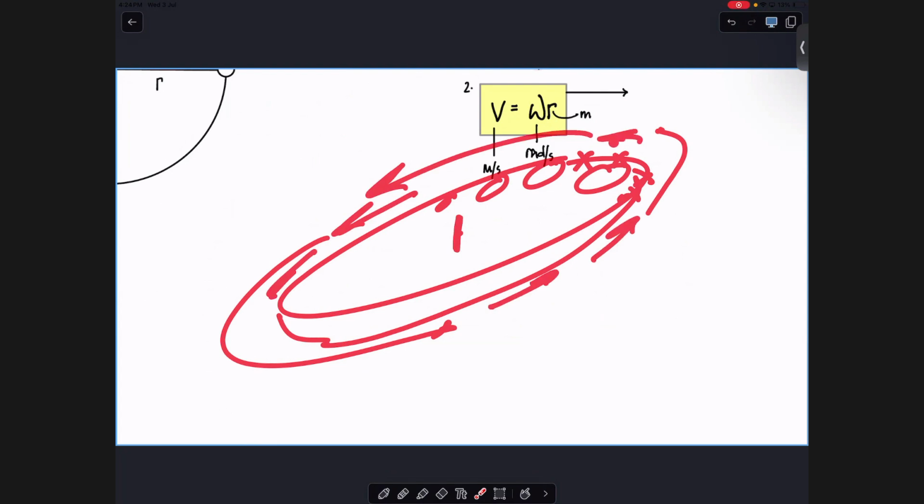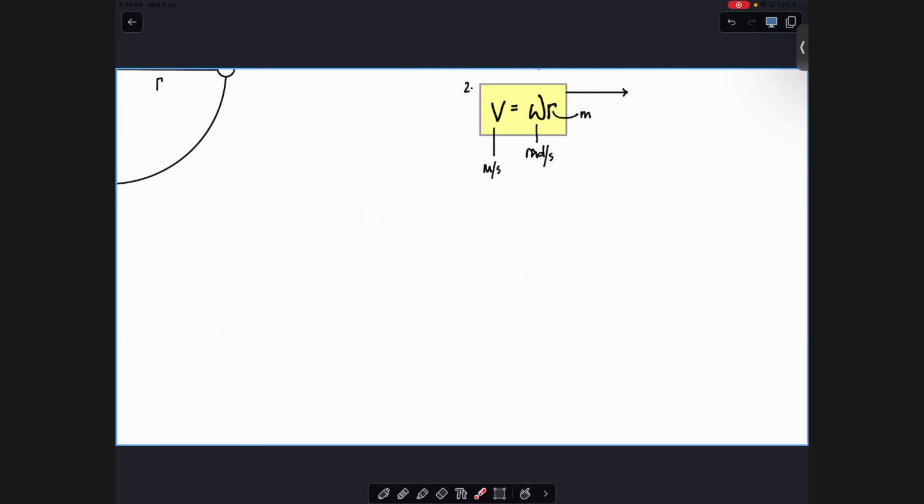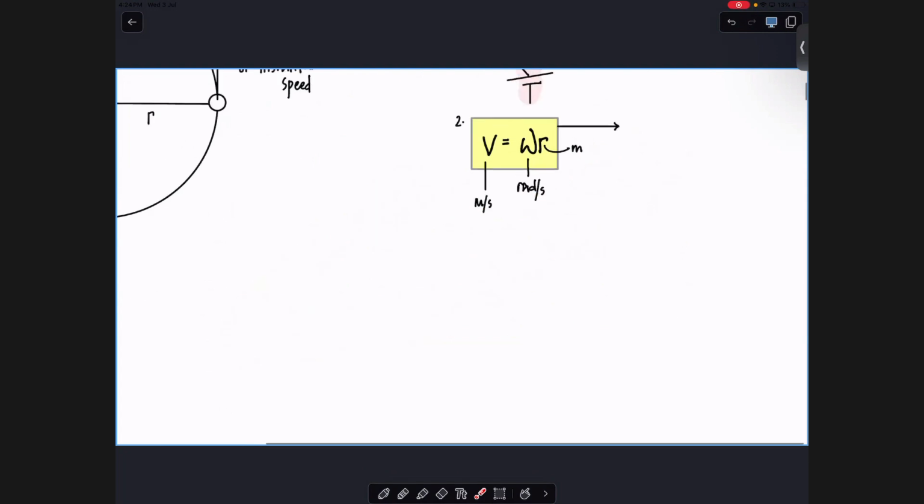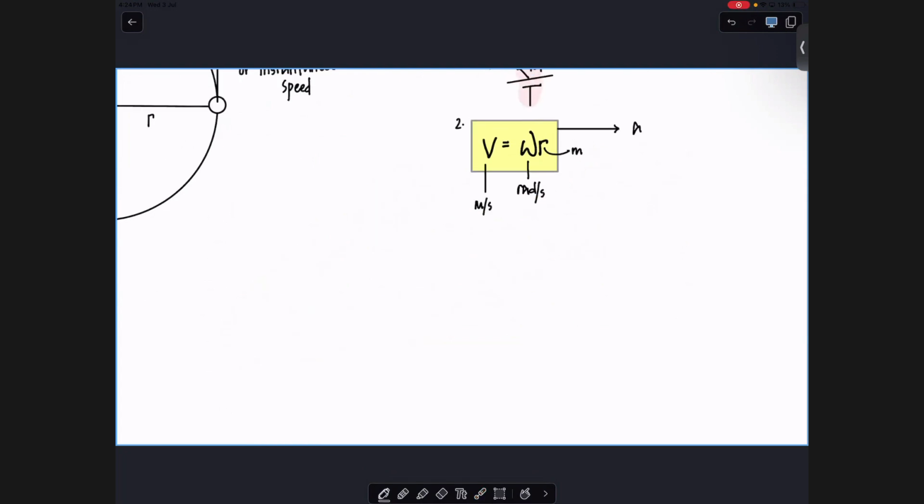Your velocity is the highest. The closer you start to move in, velocity aste aste komte thake. Okay, right, so this equation shows it. So as radius increases, velocity increases. Something we'll need in the future, important at this point. As radius increases, the velocity increases.